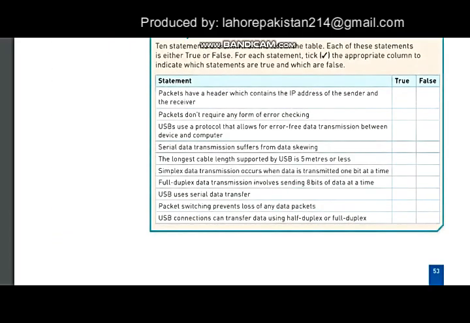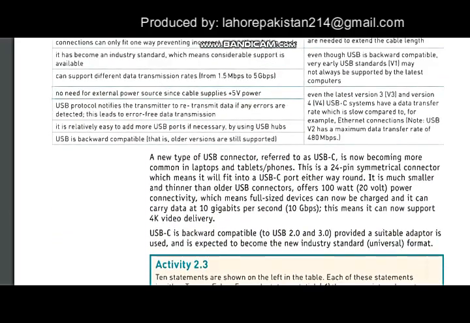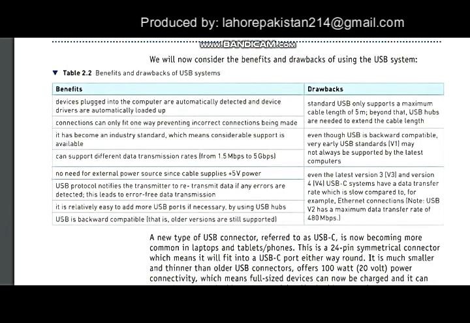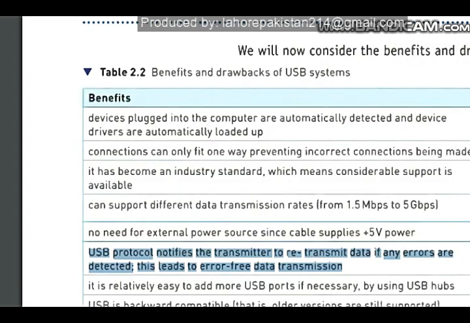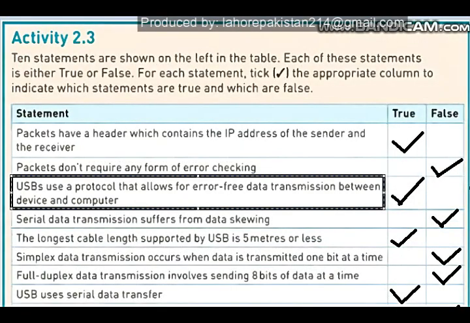You can see that it's given on page number 53 of your book, in the table in which you are given the benefits and drawbacks of USB systems, that USB protocol notifies the transmitter to retransmit data if any errors are detected. This leads to error-free data transmission. So it means that this is a true statement.